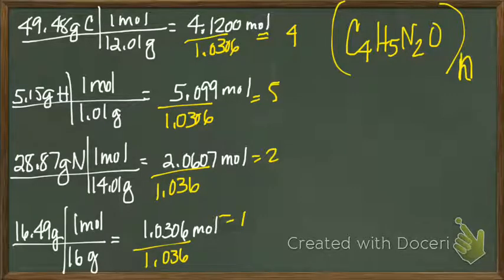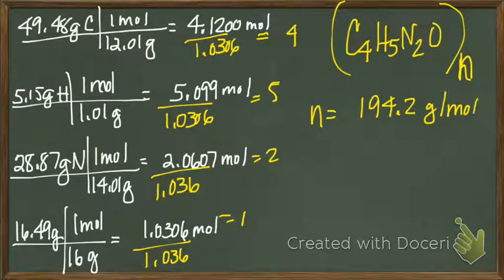So now to find n, it gave us a molar mass. What was it? 194.24, just 0.2. We're going to divide by the empirical mass, so add up the mass of that. Empirical mass, just to clarify for anybody that's confused, is calculated the same way you do molar mass. It's just not called molar mass because this isn't the molecular compound, it's the empirical.